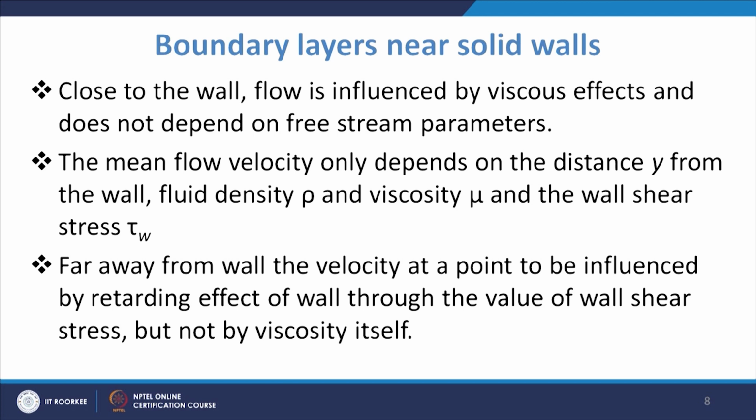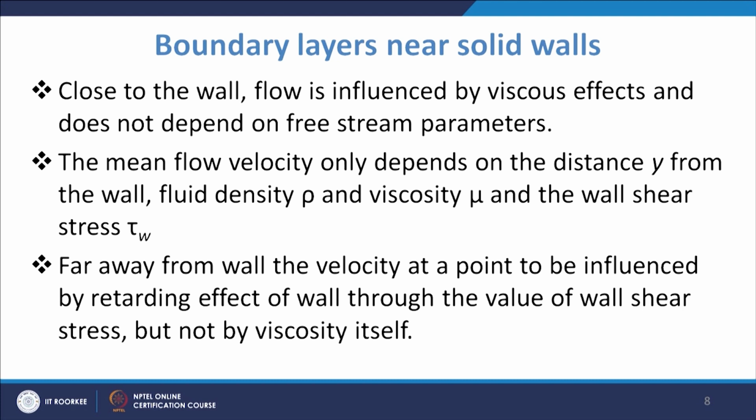So, as we move far away from the wall, you will have the influence of the wall shear stress, not the viscosity. The length scale in this region will be the boundary layer thickness, that is delta.